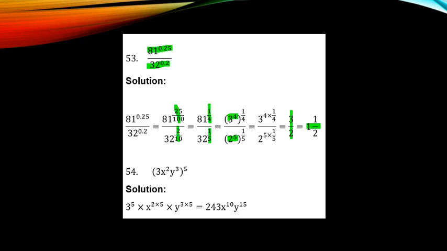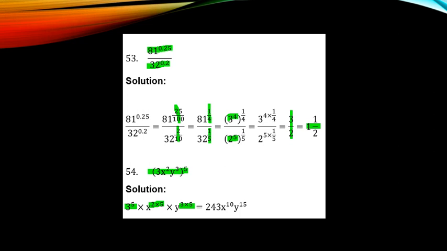Example 54. You have bracket open 3s squared y cubed bracket close to the power of 5. Directly you apply the power rule, where you have 3 power 5, s squared power 5, y cubed power 5.